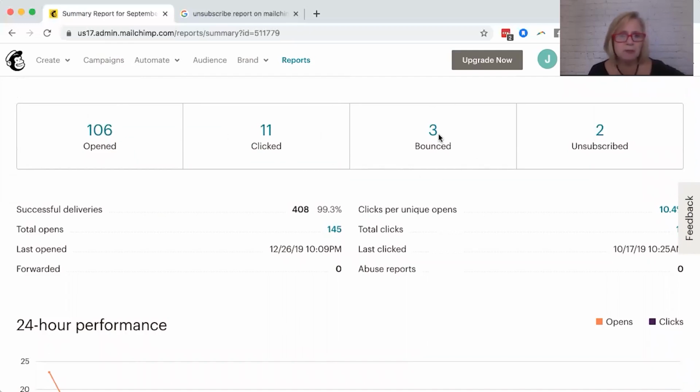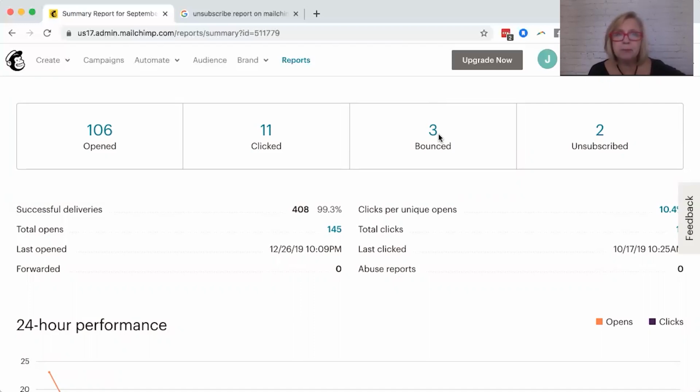And what happens when things bounce is sometimes it's because the email address was incorrect. So that's definitely a list that you're going to want to look at each month, because you want your bounce list to be 0 or as small as possible. I mean, 3 is very, very small, so that's good.